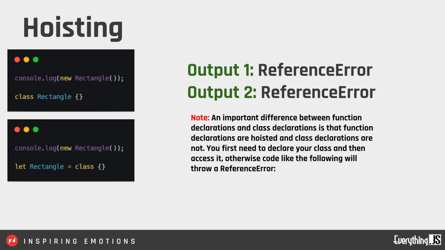So keep in mind, with or without strict mode in JavaScript, if you are thinking it's going to hoist, it's not. Classes are not going to hoist in any way.